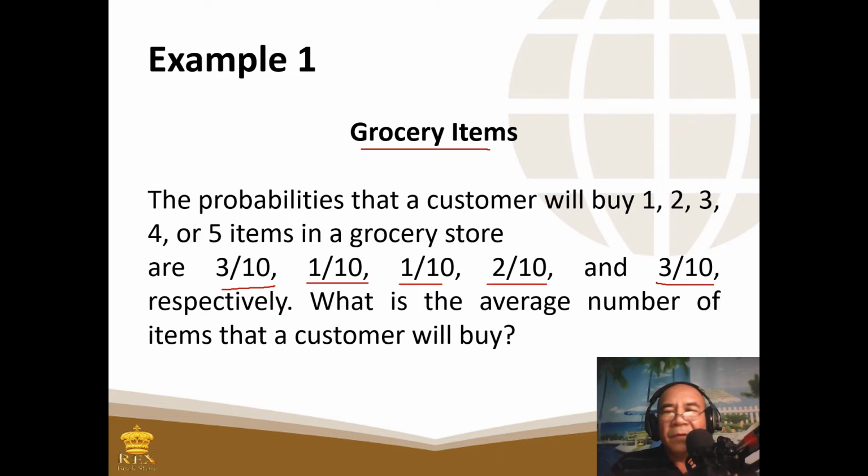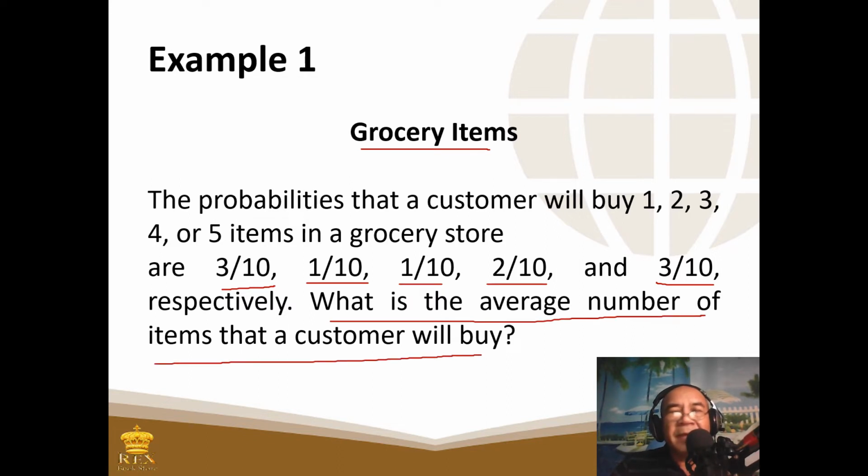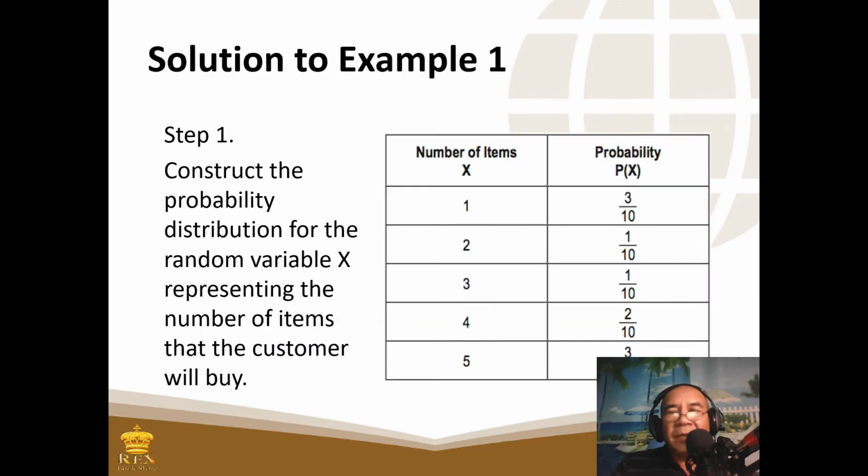Meaning, for the numbers of items from 1 to 5, each has a corresponding probability. So what is the average number of items that a customer will buy? We're going to solve this one.